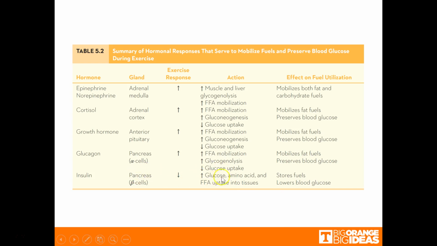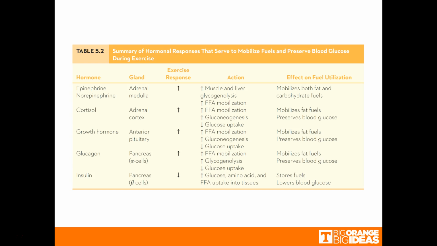And then your insulin, you're going to have an increase in glucose, amino acid, and free fatty acid uptake into the tissues. So that's moving those substrates from the plasma into the muscle. And so that's going to help with fuel storage as well as, if necessary, to lower blood glucose.